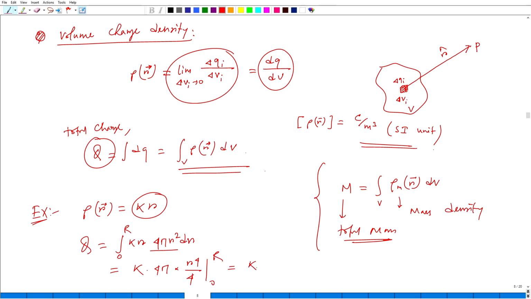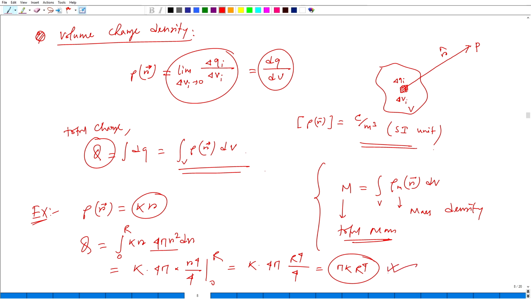So, this is pi k r to the power 4, and this is the total charge. If we consider a sphere of radius r and the charge distribution varies linearly with r, we calculate the total charge in this way.